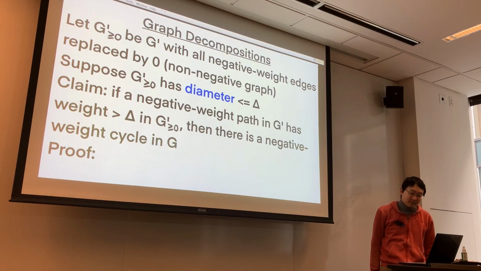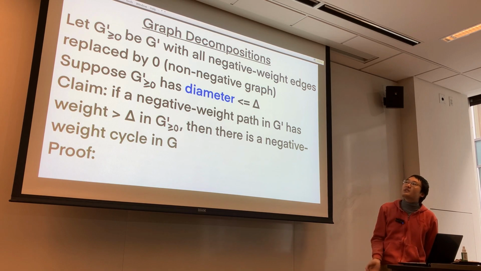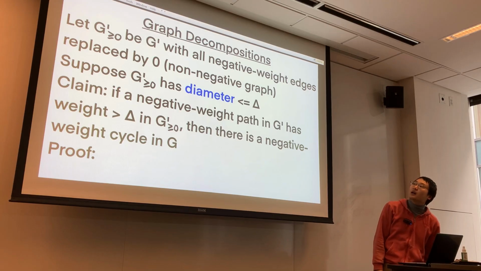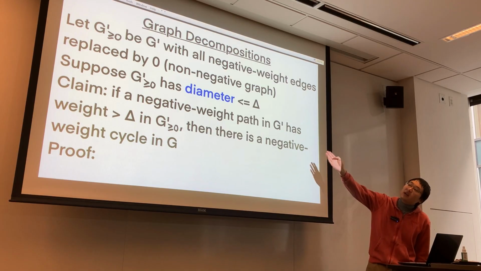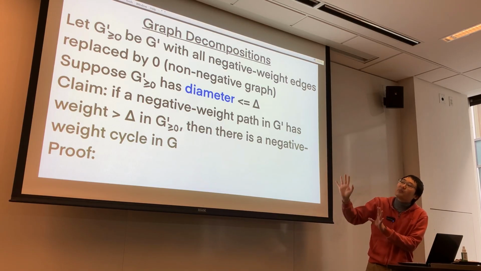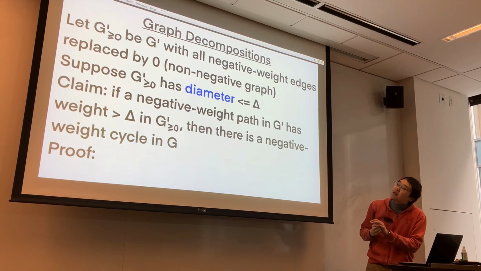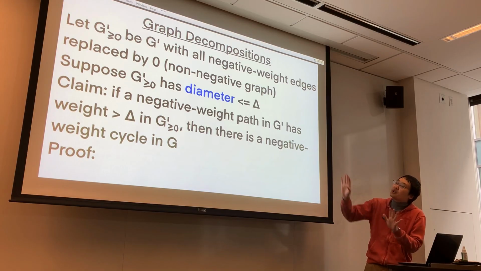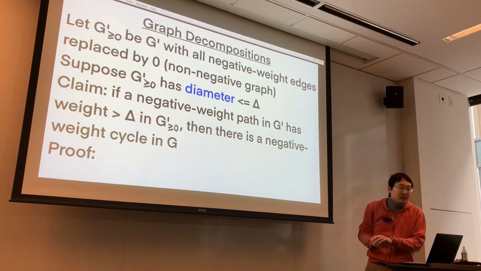Okay. So how are we going to find this balanced partition? This is where we're going to use this more modern tool of graph decompositions. So consider the following graph. Let's define G prime. We call G prime the graph G with negative weights halved. This will be crucial in this claim, but for now, let's imagine this being some graph.